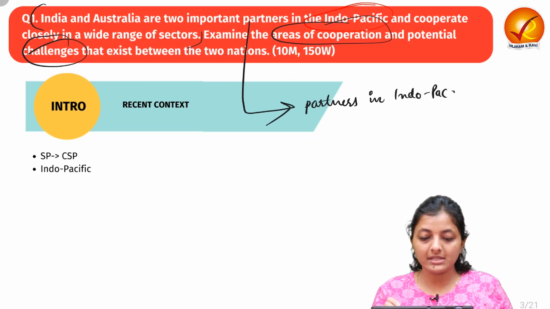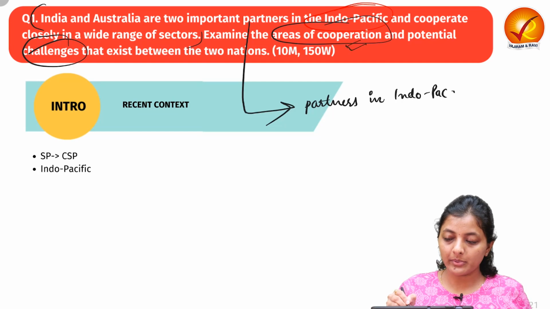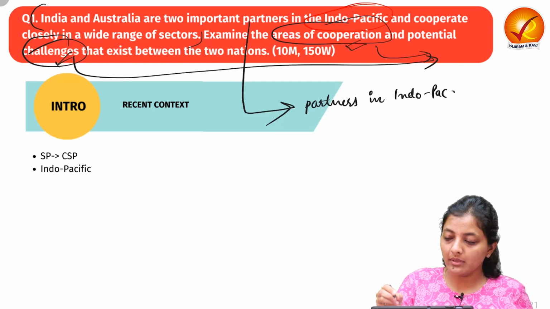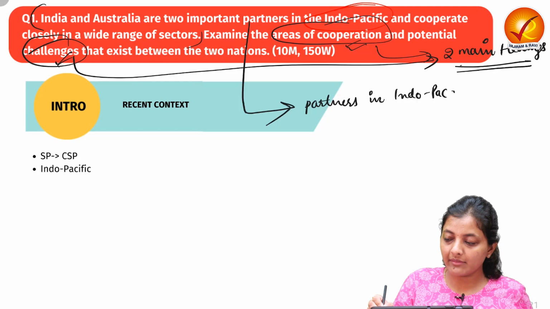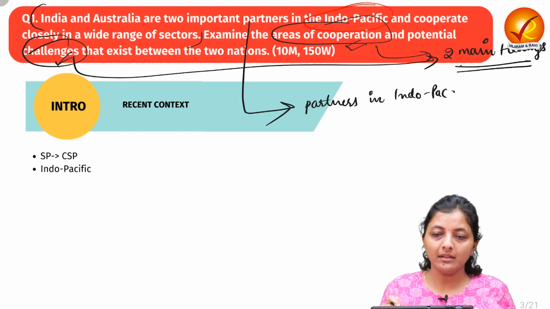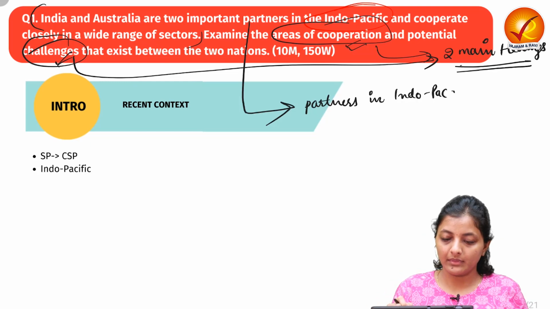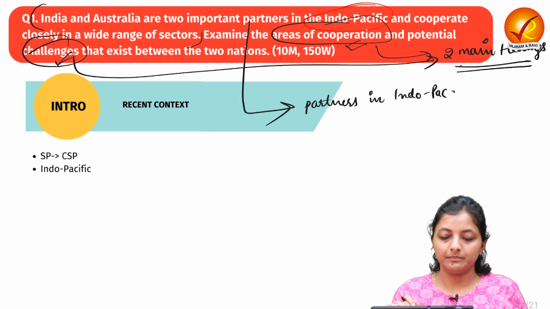Then, the question is asking the areas of cooperation and some challenges. So, these would be the 2 main headings of the body. We have to deal with these 2 demands in the body part of the answer. Then finally we will conclude.